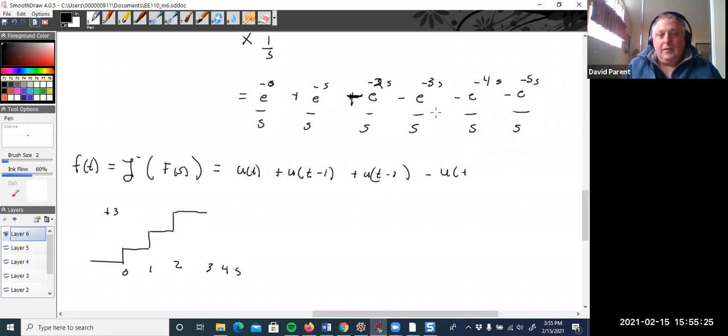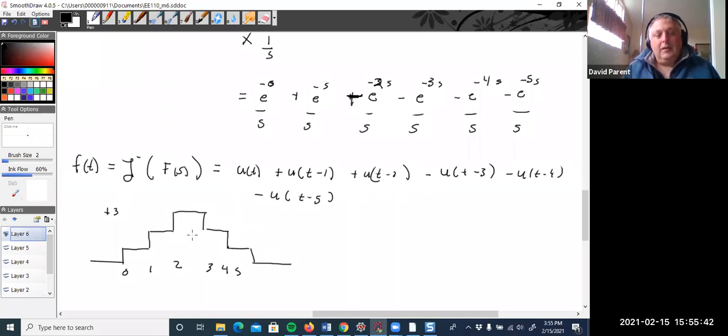Minus a delayed step, minus another delayed step, minus another delayed step. Staircase up, staircase down.